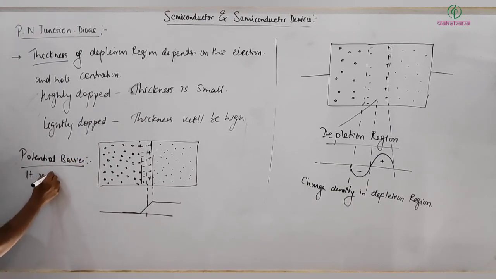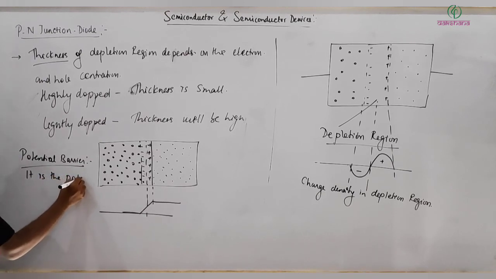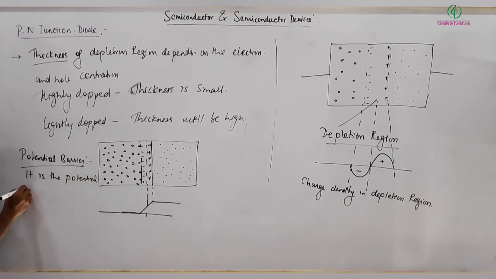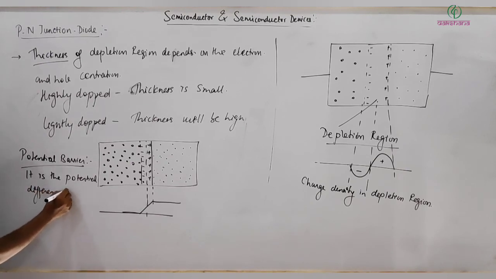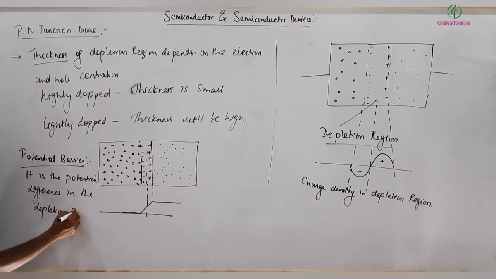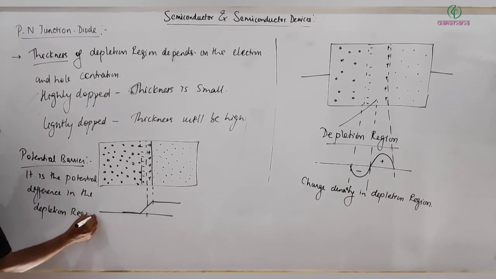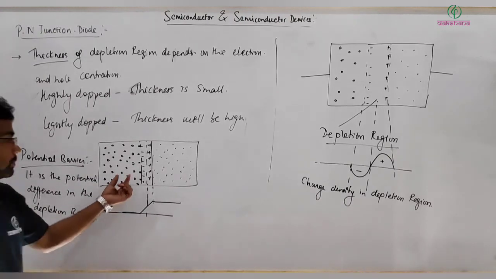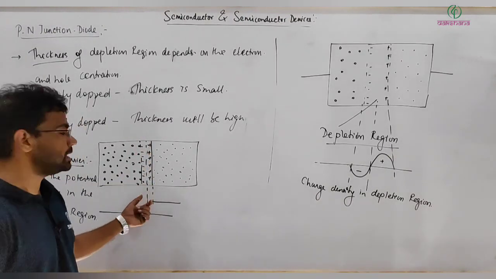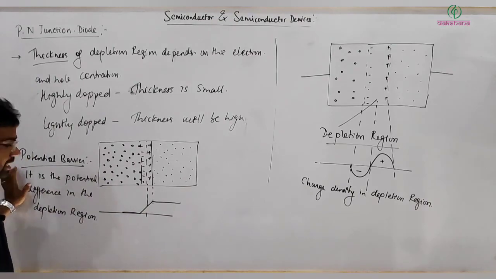The potential difference in the depletion region is termed the potential barrier.